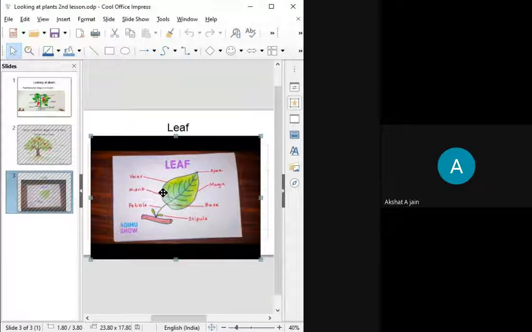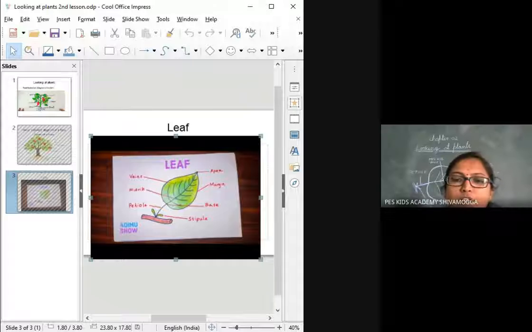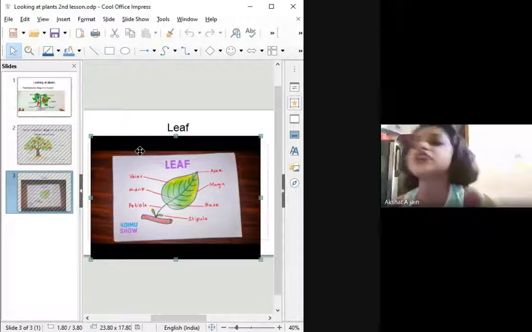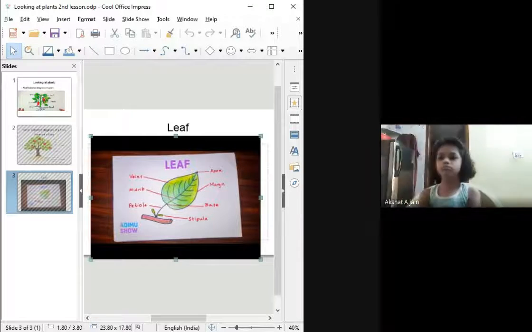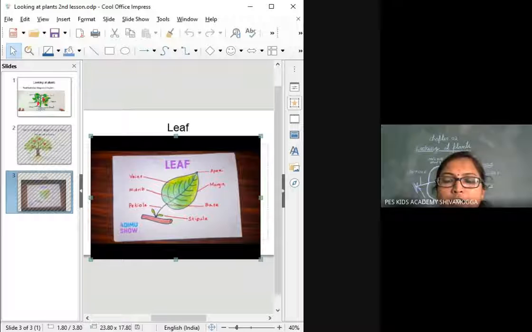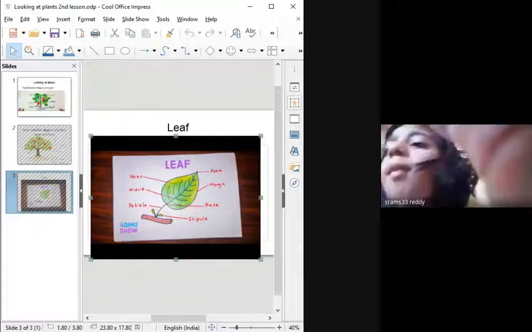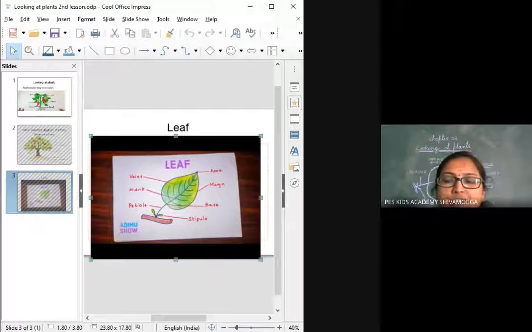Okay, children. Now I am stopping sharing this one. Who has not written, I am going to tell you in the classwork, then you can write. Everybody mute your mic. Now I am going to show you different types of leaves of different plants or trees.